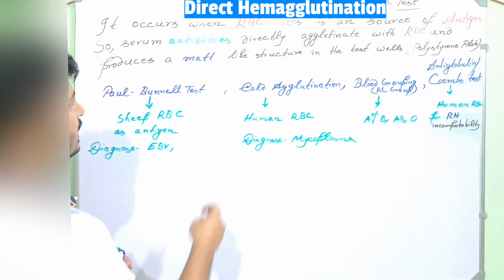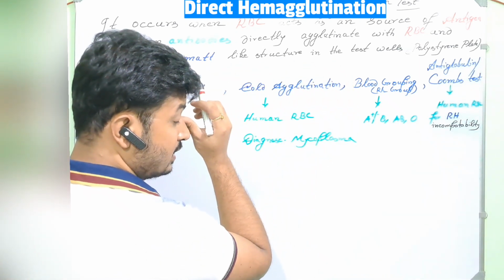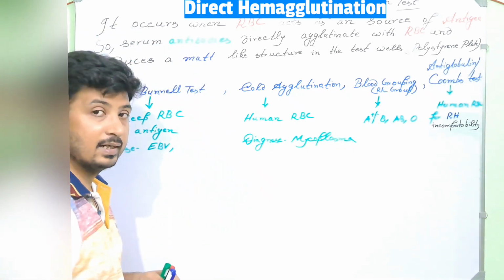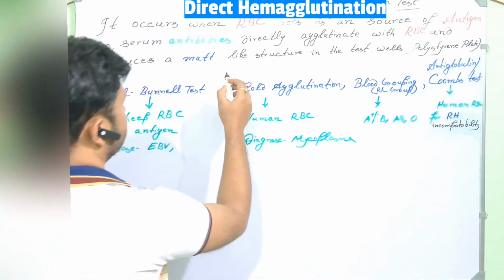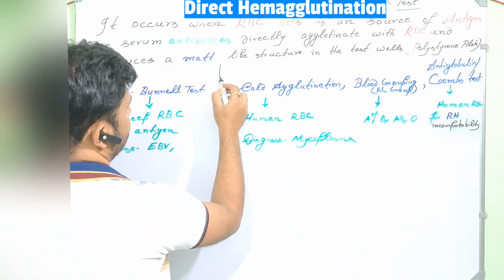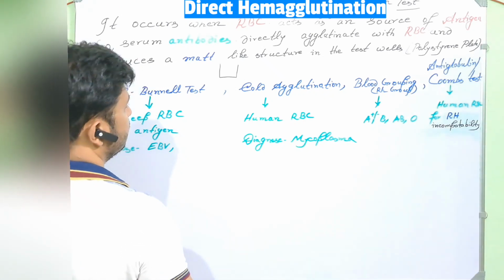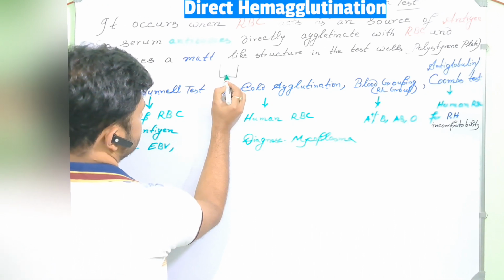So what is this mat-like structure? In the test wells. Generally this test can be performed in a slide condition, in a tube condition, in a well condition. So when you are performing this in a well, a mat-like structure will form if there is a proper heme agglutination reaction.